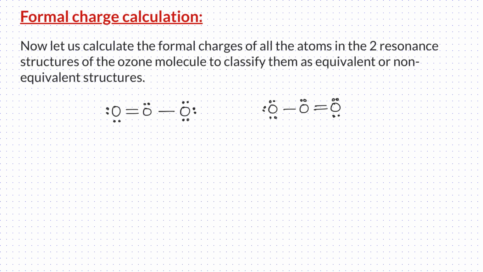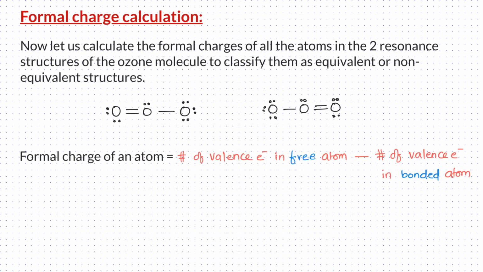Now let us calculate the formal charges of each of the oxygen atoms in both the resonance structures. Just to recall, formal charge is equal to the number of valence electrons in a free atom minus the number of valence electrons in a bonded atom. Oxygen belongs to group 6A, therefore it has 6 valence electrons in its free state or non-bonded state.